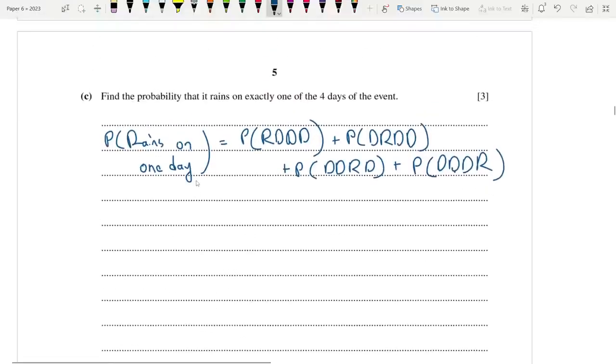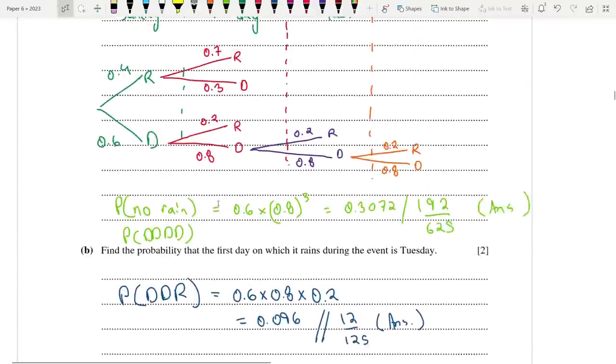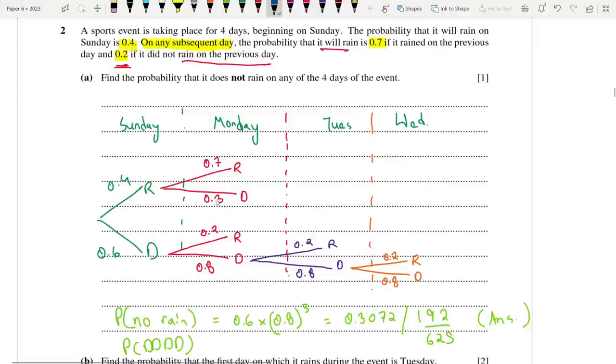All right, so the first one, P(R D D D): it rains, then does not rain subsequently for the 3 days. So it rains on the first day, does not rain on the second day. If it does not rain on the previous day, the probability of raining on the next day is 0.2 and not raining is 0.8, and then it won't rain again on Wednesday, again 0.2 and 0.8 since it did not rain before.